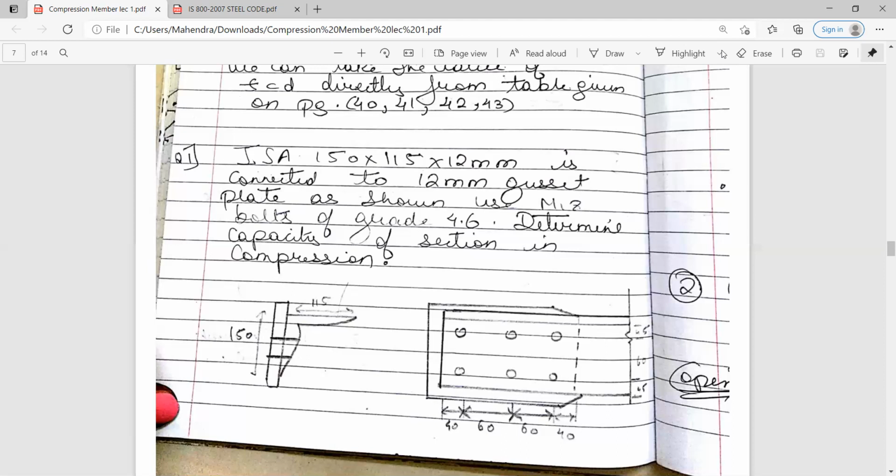And the bolts used are M18 and the grade is 4.6. You have to determine the section capacity of the section in compression. That means what do you need to calculate? You need to calculate the compressive strength.